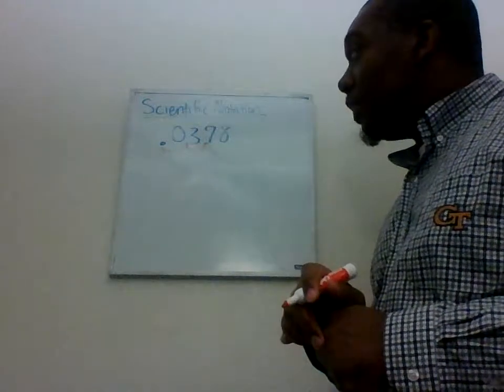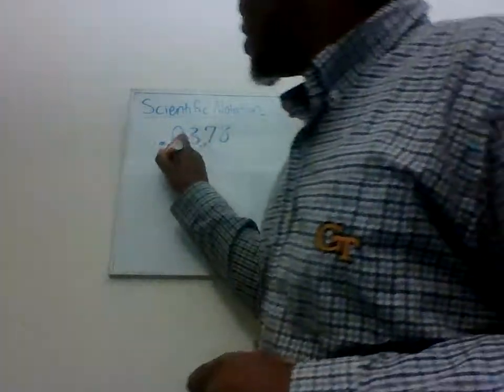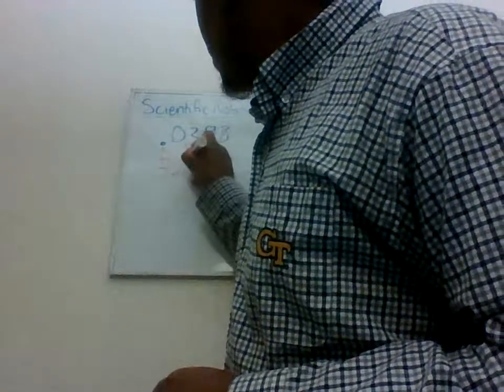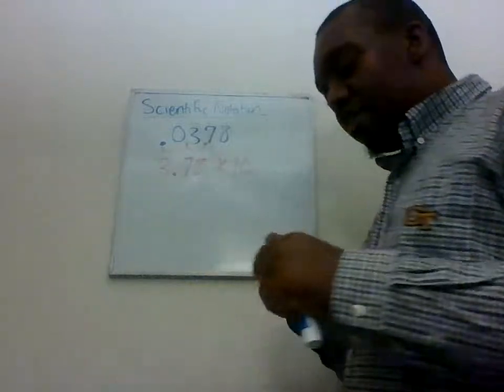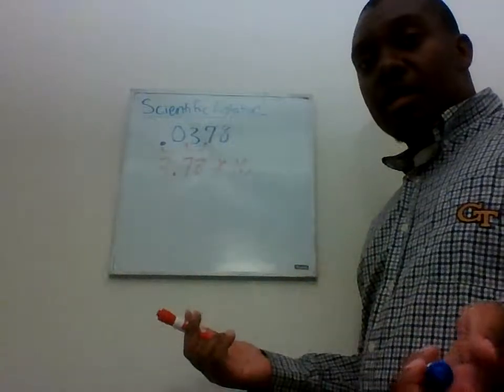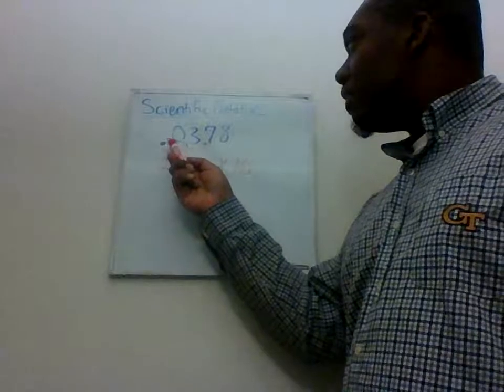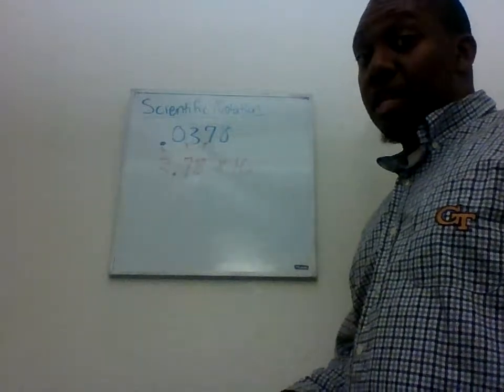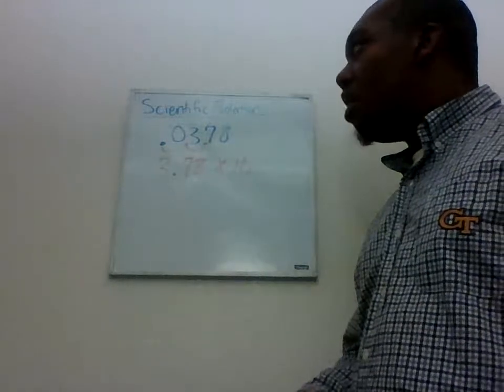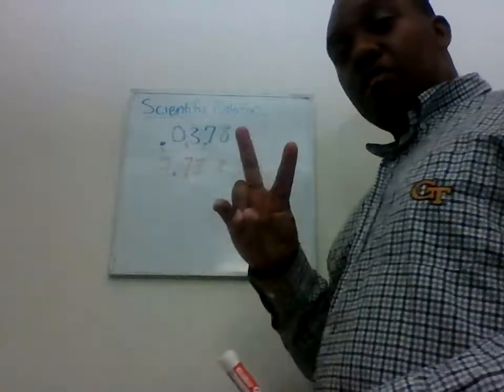So this 0.0378 is going to become 3.78 times 10 to a certain power. Well, what power is that going to be? Well, let's see what place value we're at. The highest place value that's given here is the hundredths place. Well, hundredths, that'll be 2, right?